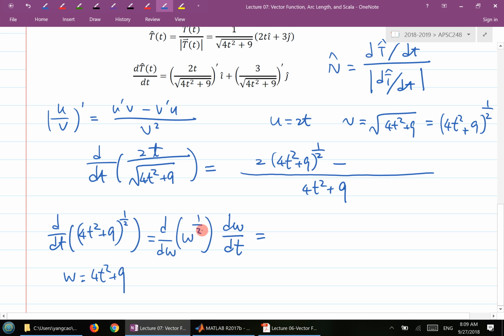And w to the power 1 over 2's derivative is 1 over 2 w, to the power 1 over 2 minus 1, which is negative 1 over 2. And dw over dt is the derivative of this one here over t. That's 8t. Right, that's 8t.